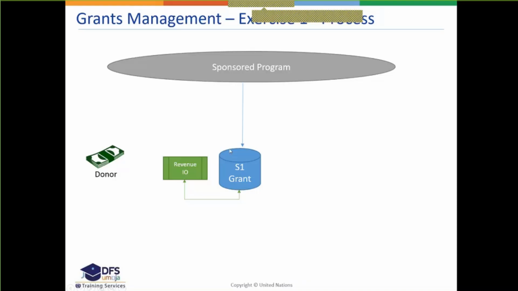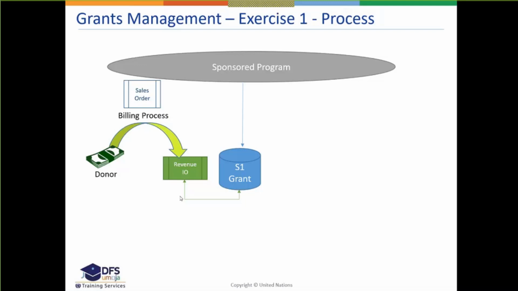So this is what we did. We created a grant, an internal order for revenue, to receive this money from the donor, and the system automatically generated a sales order. So at this stage, the GM approver performed the billing process. We created our receivable in our revenue account, and then the unreleased budget is created.